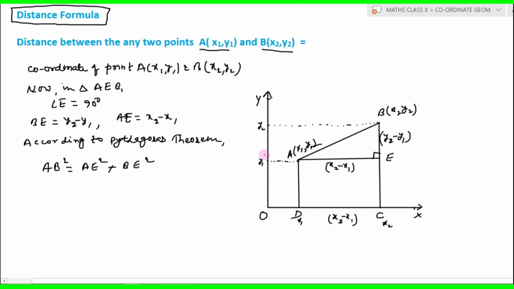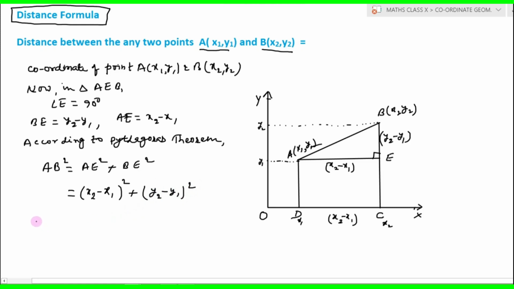Since we need to find the length AB, the distance between A and B, we keep the length AB on the left side, and now put the values. The value of AE is x2 minus x1, and the value of BE is y2 minus y1. So AB square equals (x2 minus x1) whole square plus (y2 minus y1) whole square.